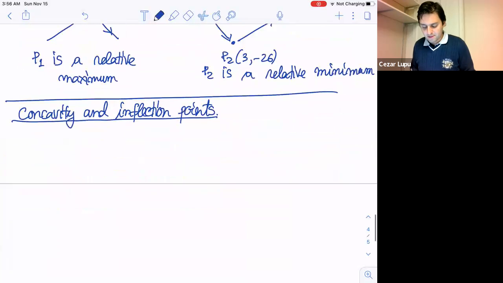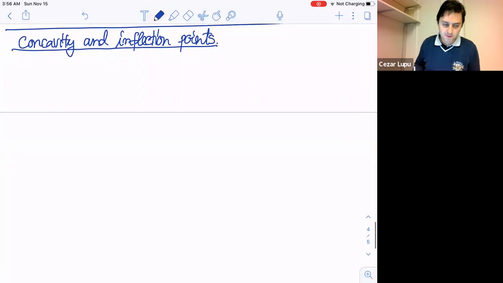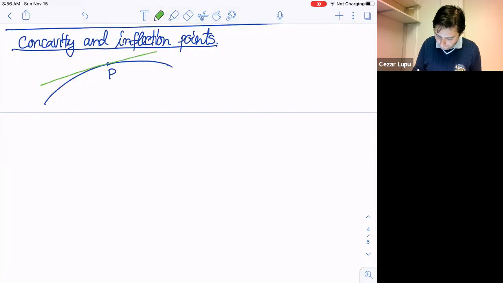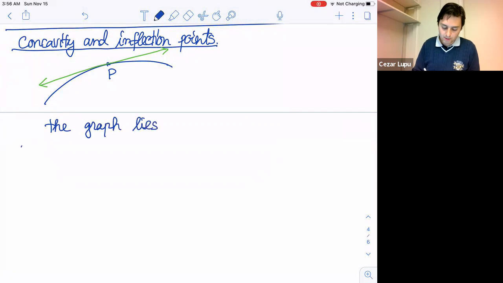So let me just draw some pictures, something like this. And let me just say here I have a point P. And let me draw a tangent line here, right? So the graph lies below the tangent line. So let's mention that. So the graph lies below the tangent line.